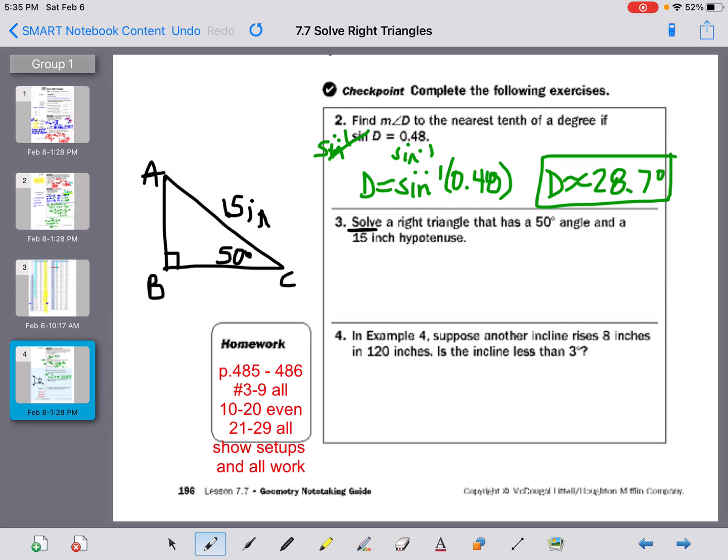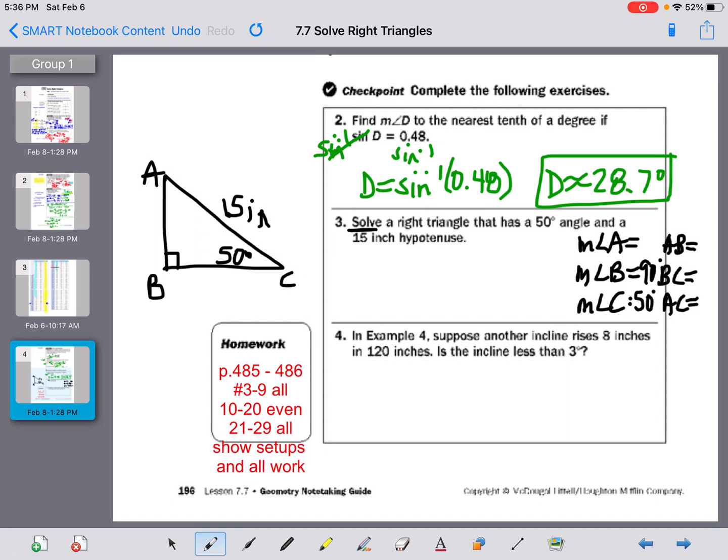Okay, I'm solving it, which means I need to know the measure of angle A, the measure of angle B, the measure of angle C. I need to know side AB, I need to know side BC, and I need to know side AC. How many do I already know? I know my angle B is 90 degrees. I know my angle C is 50 degrees.